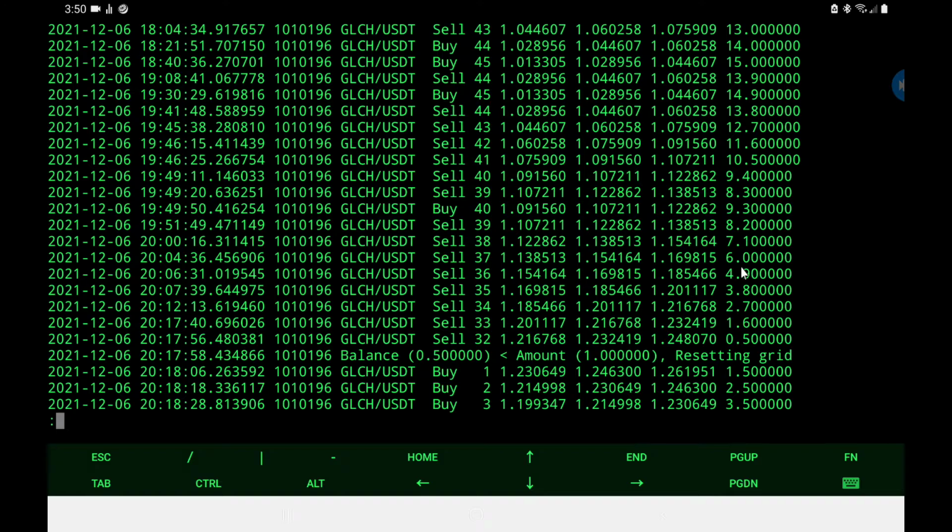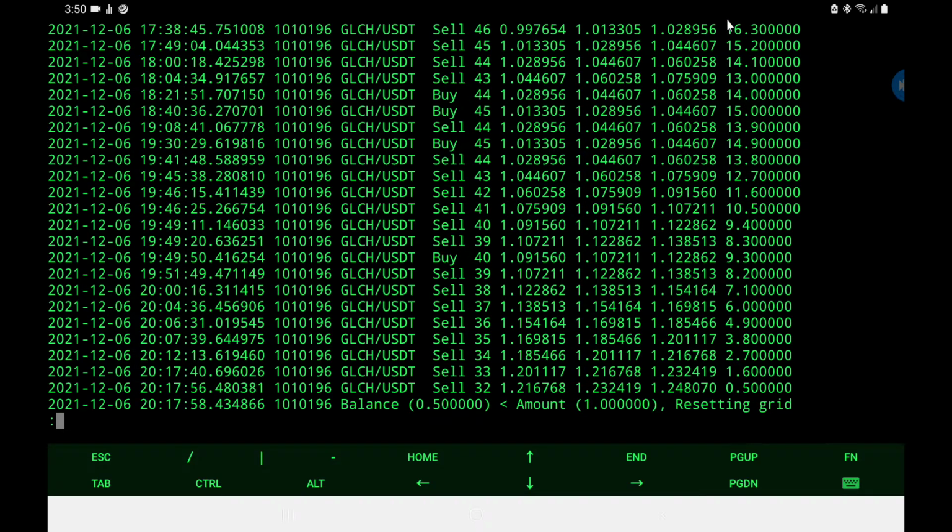So let's go right to here. As you can see, we've literally burned off roughly 20% of the asset. So even though this asset was 55% below its original purchase price, we burned off 20% of it through reverse trading.